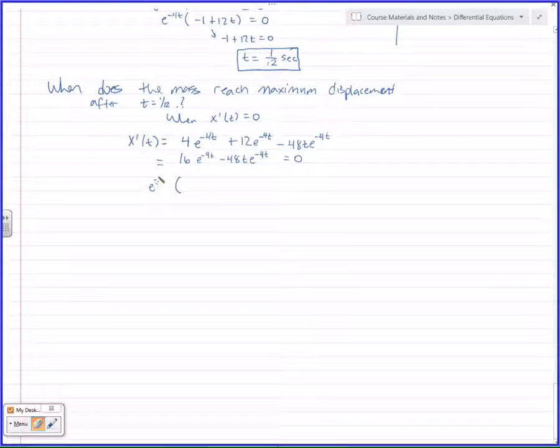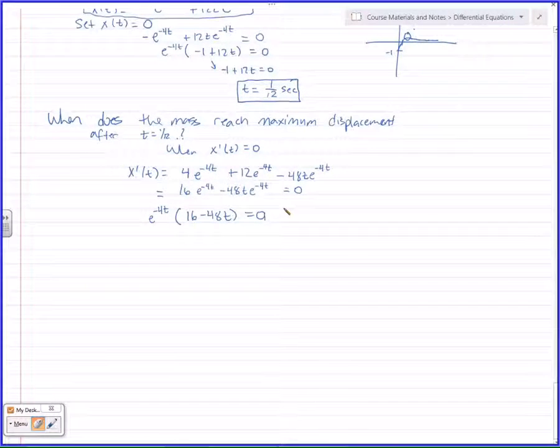So pull out the e to the minus 4t again. 16 minus 48t equals 0. Technically, I should set both of these factors equal to 0, but the reason I'm skipping setting the first factor equal to 0 is because it's never 0.